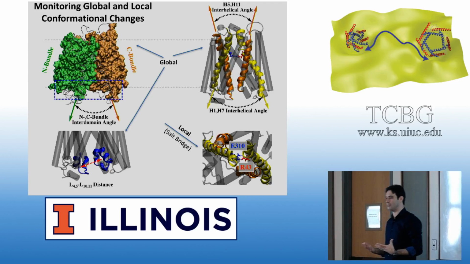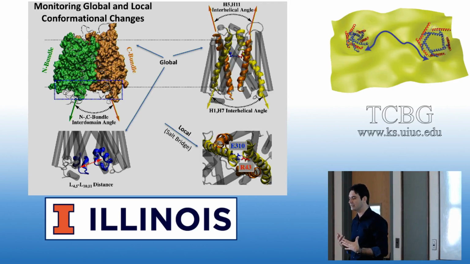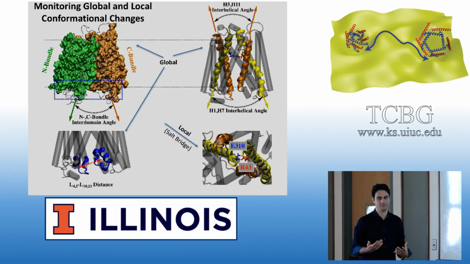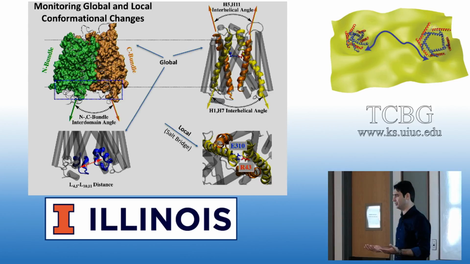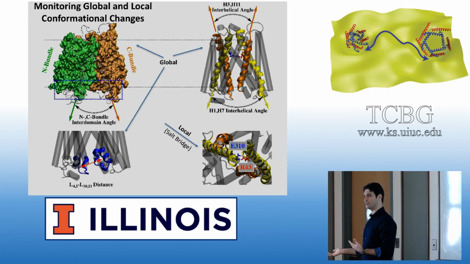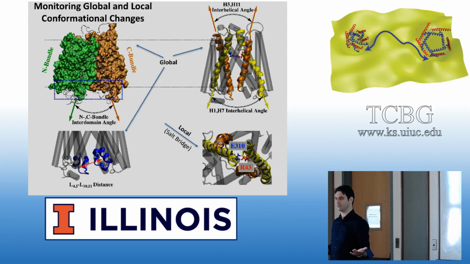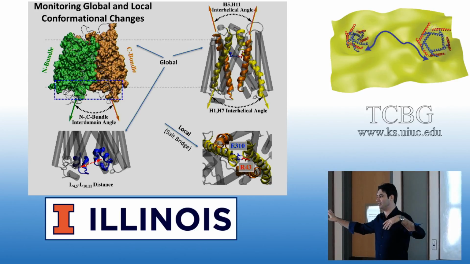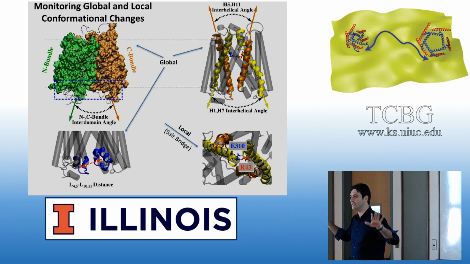If you want to study the protein, first you need to come up with some good measures of how to describe the conformational changes, both local and global. And you need to have a very good idea of which one is actually a local thing and which one is a global thing, because you have to treat them separately, and we'll talk about that.